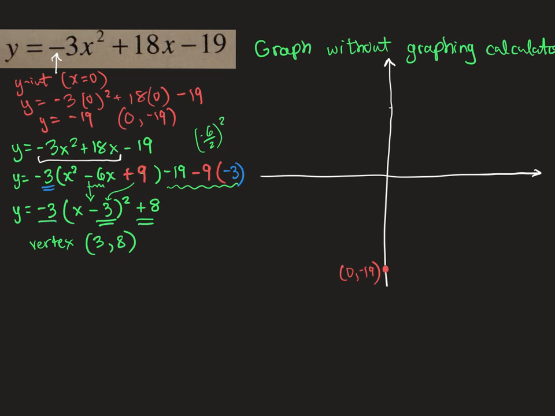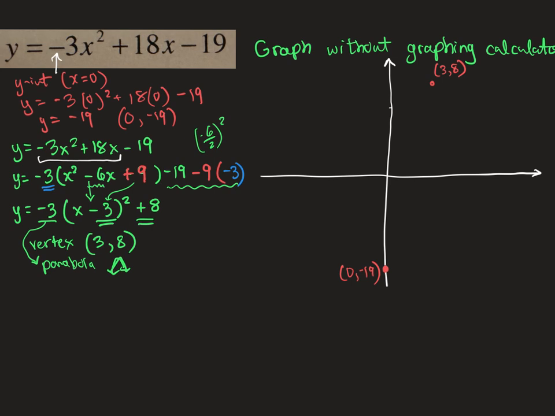We know the negative 3 in front indicates that the parabola opens downwards. It looks like that, not with a V, and so let's see if we can plot some more points. So we have 3, 8, I'll put that somewhere up there. And it opens down, so that's going to be our maximum point.